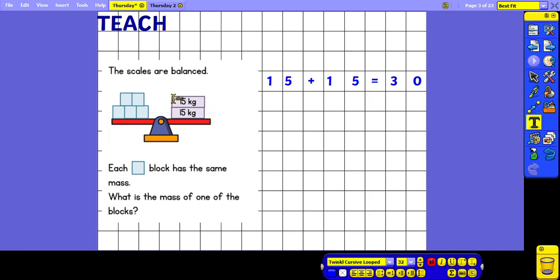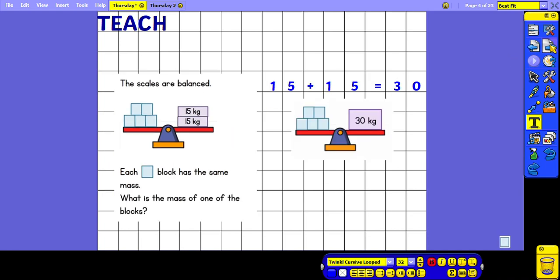So the 2 purple blocks weigh 30 kilograms altogether. You can see that here. Because the scales are balanced, I can see that the 5 blue blocks also weigh 30 kilograms altogether.